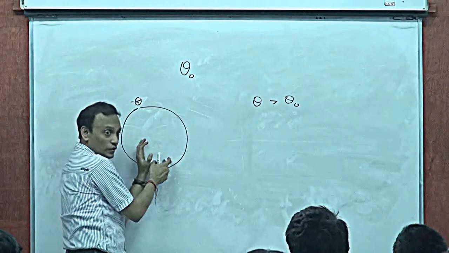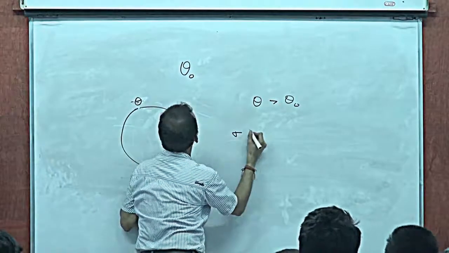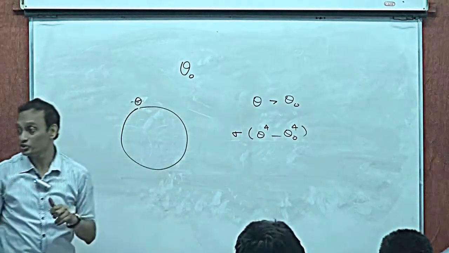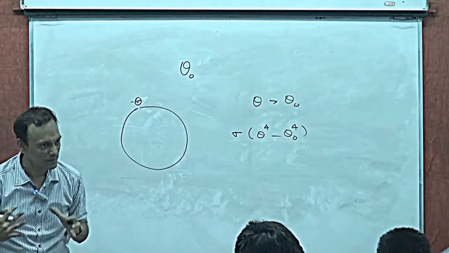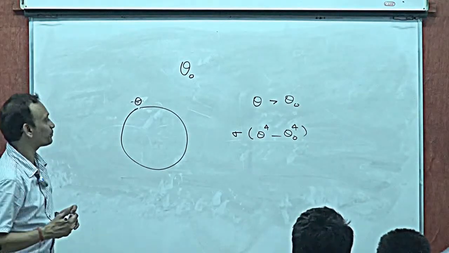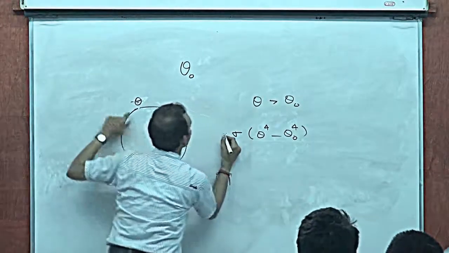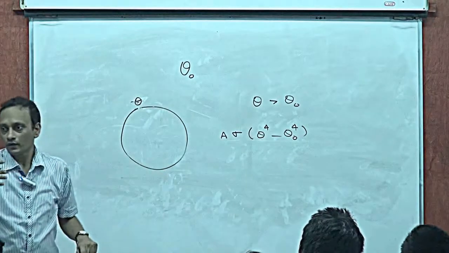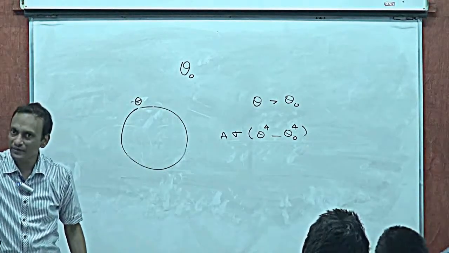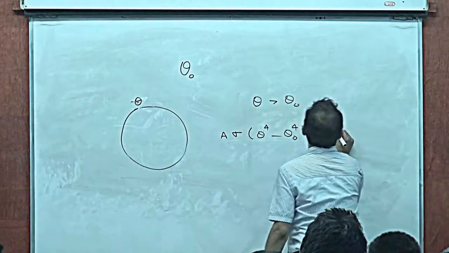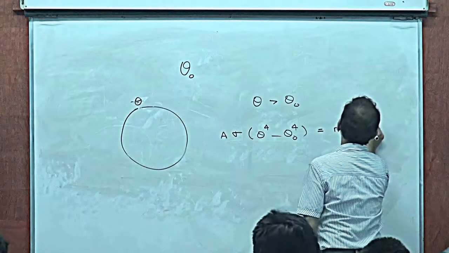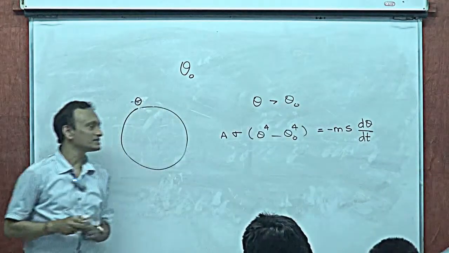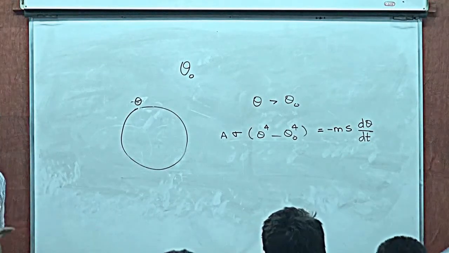Essentially, the rate at which cooling takes place will be proportional to sigma theta to power 4 minus theta naught to power 4, right? If A is the area of the surface, then these many watts are eventually radiated out, and this must be equal to mass into specific heat into d theta by dt with a minus sign. Why? Because theta is decreasing with time, it's cooling, right?